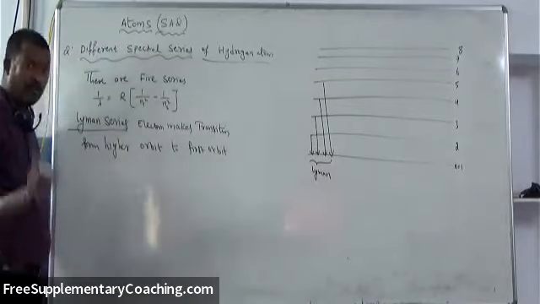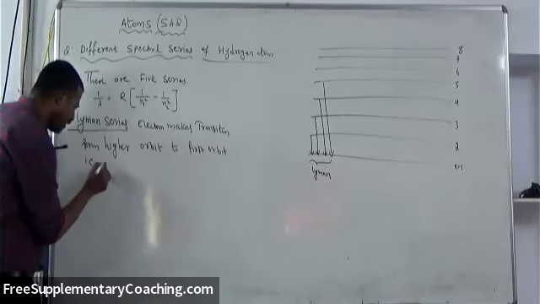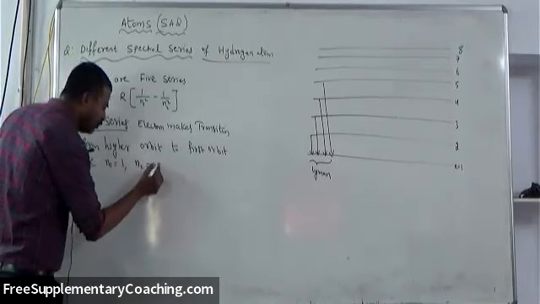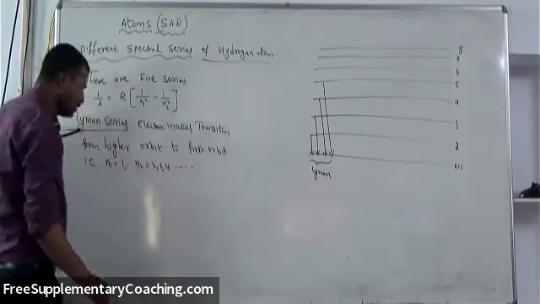Higher orbit to first orbit. That means n1 is 1, but n2 is 2, 3, 4, and so on. Anything you can take. Clear?